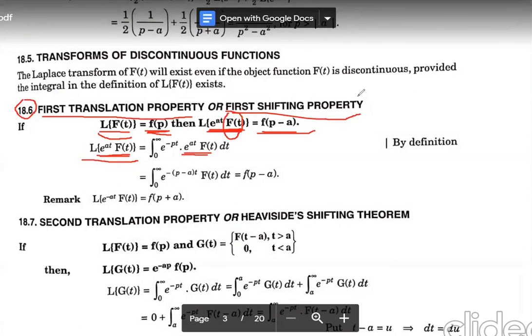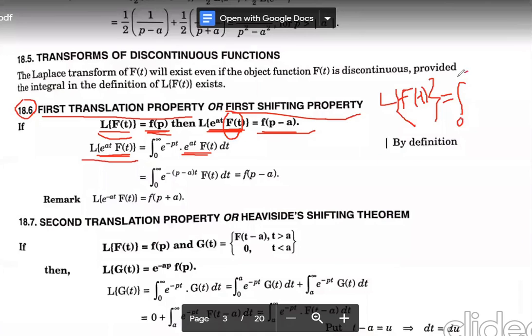Now if you compare with the Laplace transform of f of t from the definition, so what is the definition?